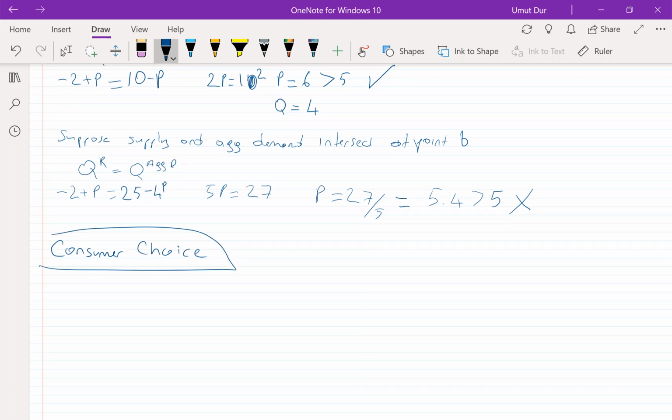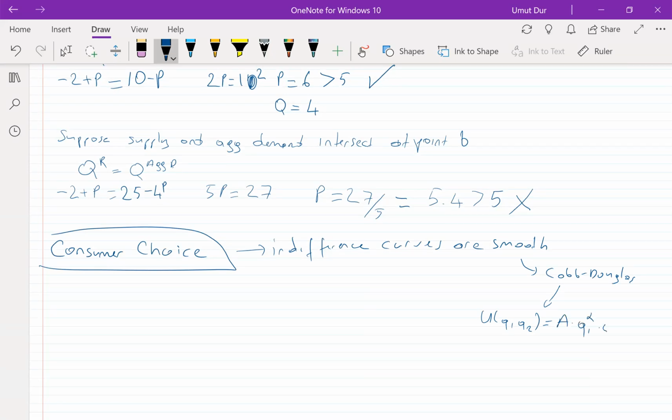For consumer choice, if our indifference curves are smooth, an example of which is Cobb-Douglas in the utility functions, they are in the following shape: U(Q1, Q2) is equal to A times Q1 to the alpha Q2 to the beta, or it can be U(Q1, Q2) equals ln A plus alpha ln Q1 plus beta ln Q2.